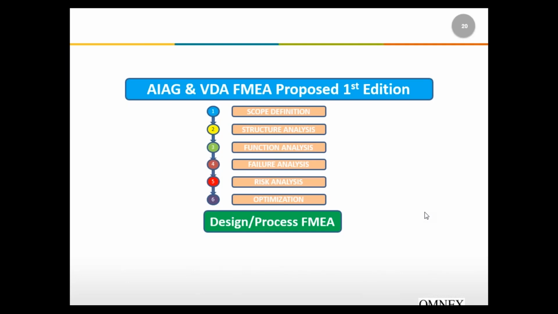Now, if I'm going to have a structure, I need to put in additional information. As Chad said, with the 3 levels, you need to do a function analysis, which was always there, but now we do it at all 3 levels, a minimum of 3 levels, as well as the failure analysis. Once I have the function and requirements, I have to ask the question, what can go wrong?